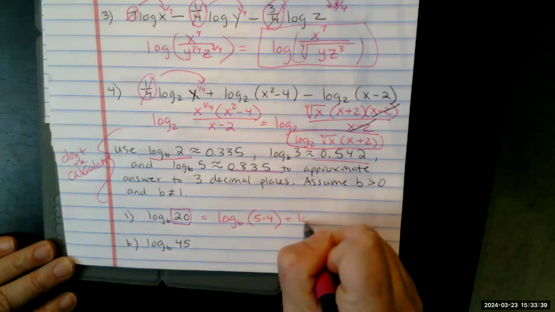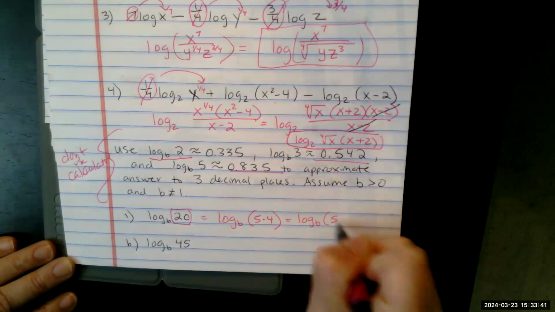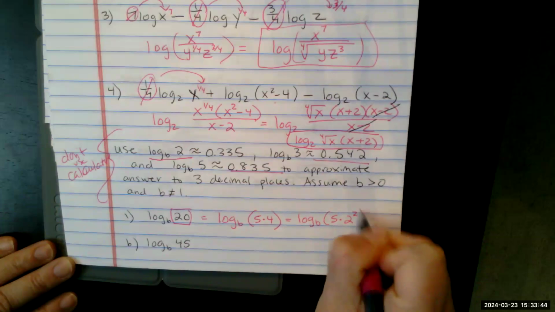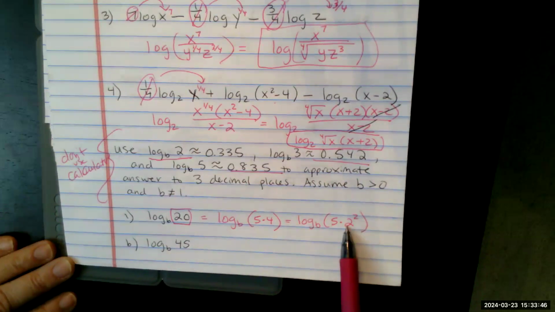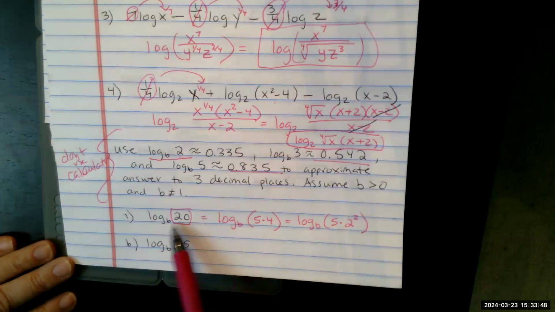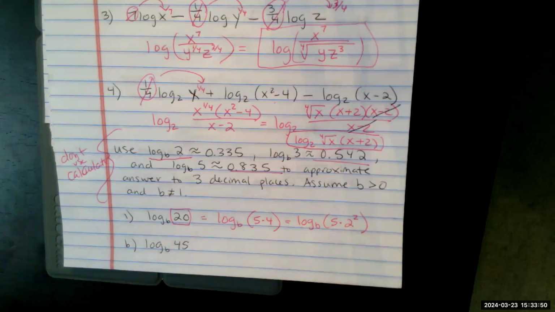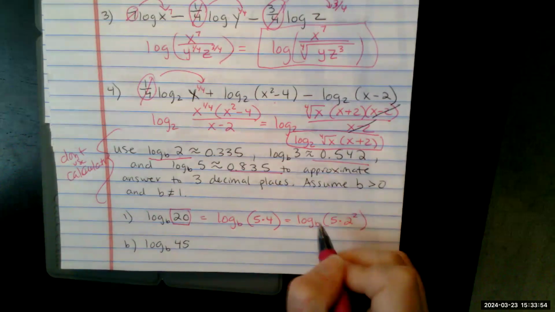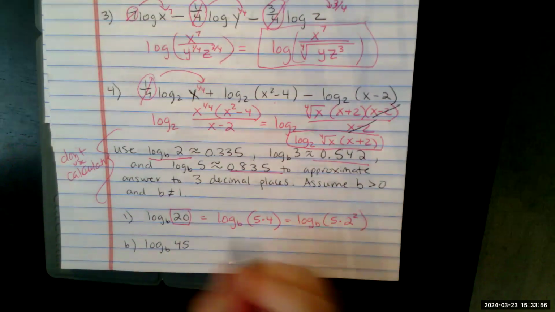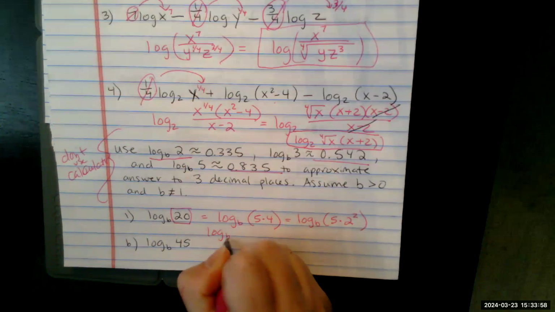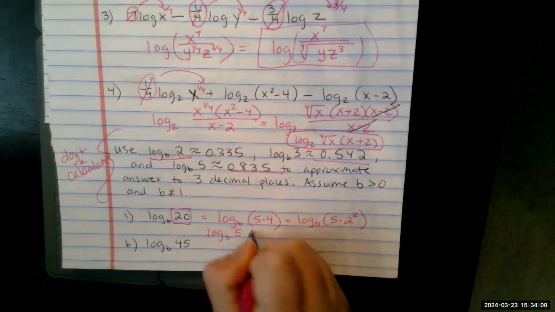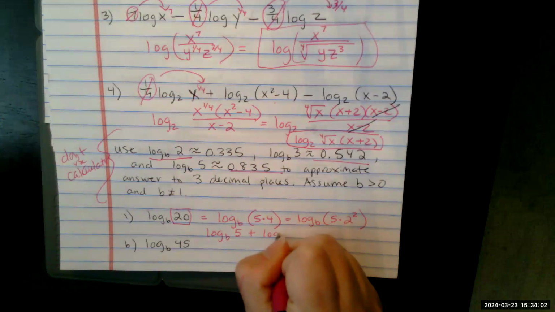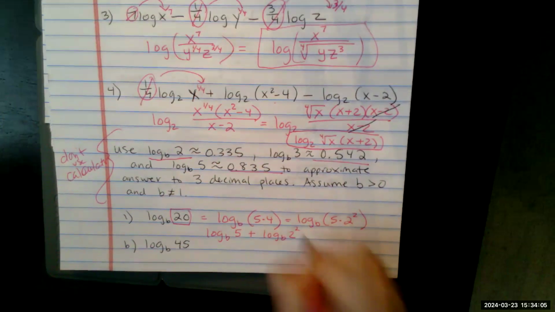So I'm going to change this to log base b of 5 times 2 to the second power, because that's 4. 4 times 5 is 20. So I have not changed the problem at all. I've just changed the way it looks. And now I'm going to use my rules we just learned to split this up to log base b of 5 plus log base b of 2 to the second.